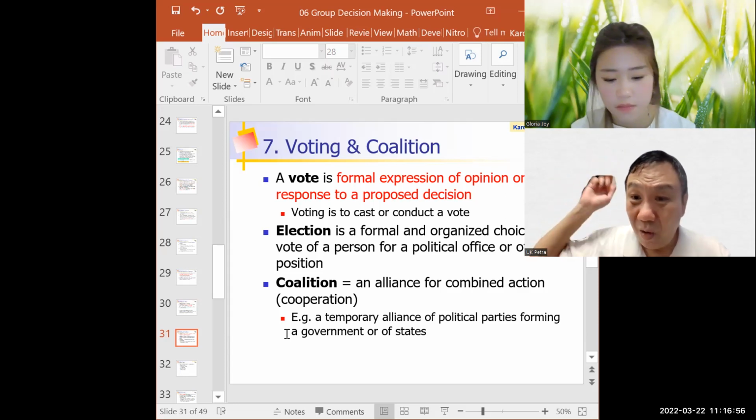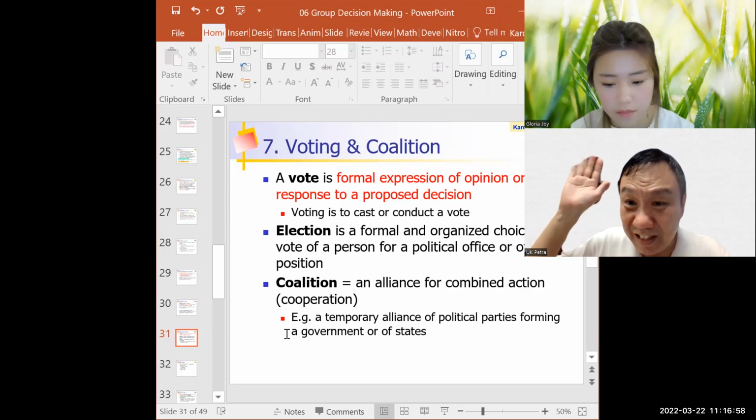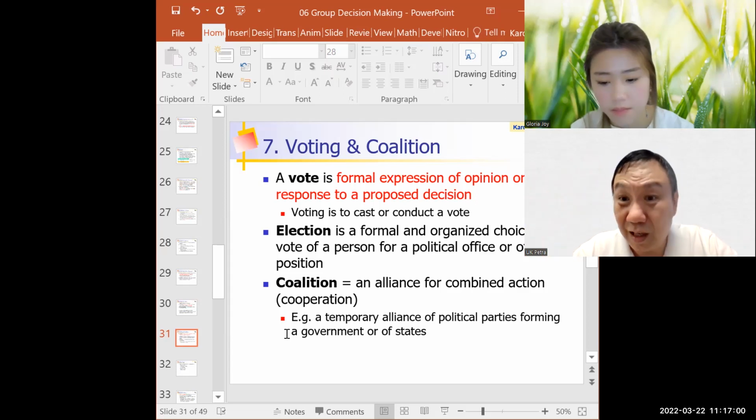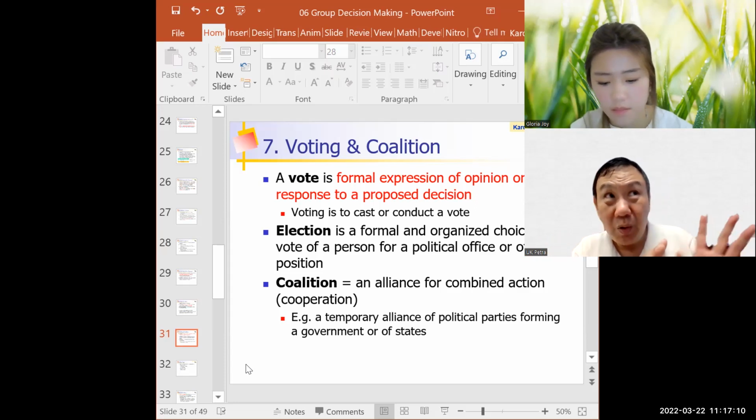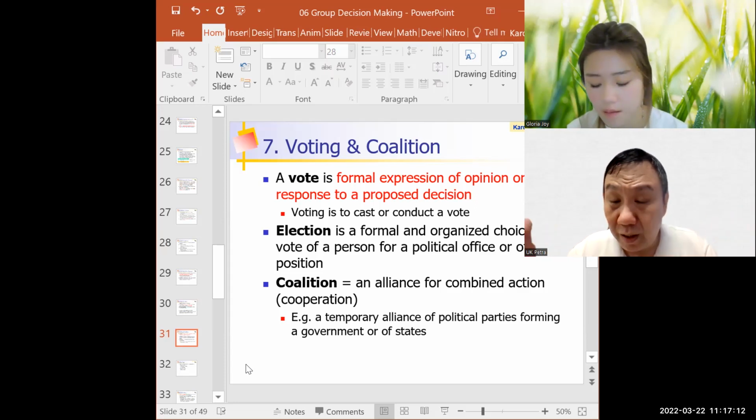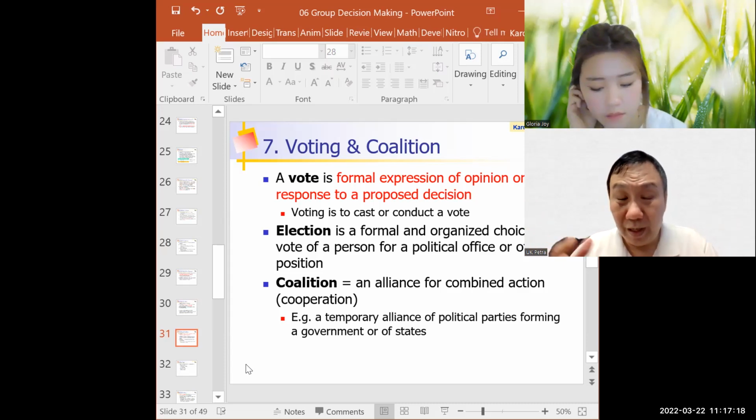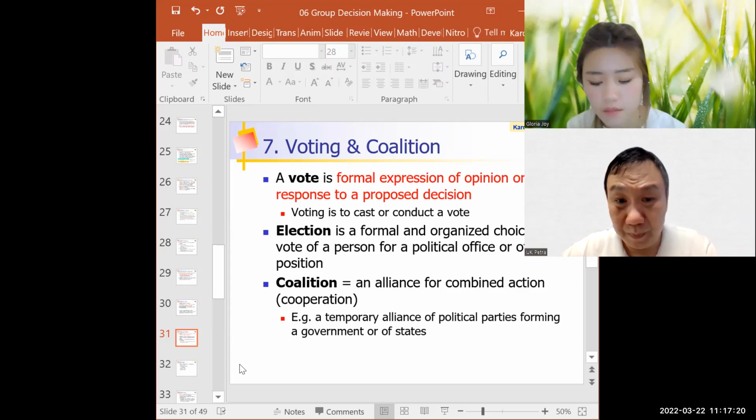By voting, in 5 minutes, just raising hands, finish, just count, rather than trying to create consensus. You can also do what is called a coalition. You negotiate behind the table, and then you know what the vote will be, then you can make a deliberation for that.